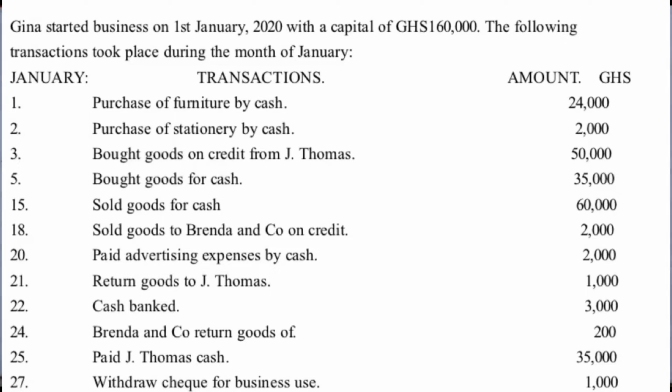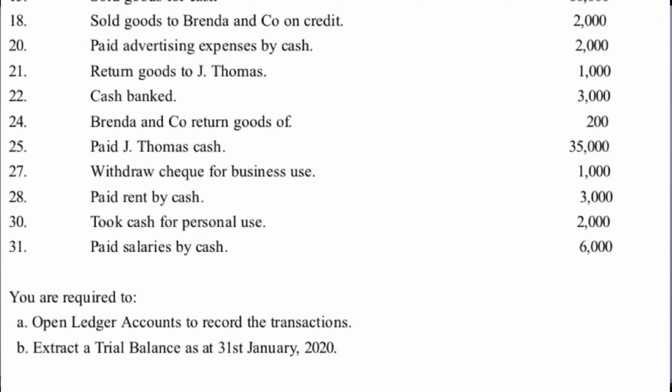On the 25th, paid J. Thomas cash, 35,000 Ghana cedis. On the 27th, withdrew cheque of 1,000 Ghana cedis for business use. On the 28th, paid rent by cash, 3,000 Ghana cedis. On 30th, took cash of 2,000 Ghana cedis for personal use.